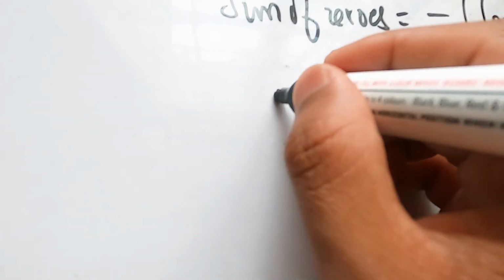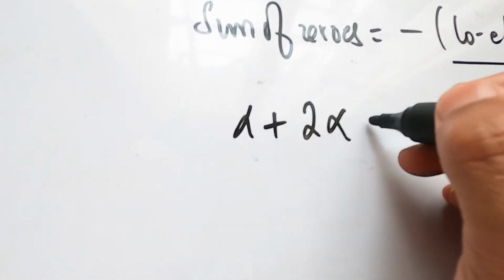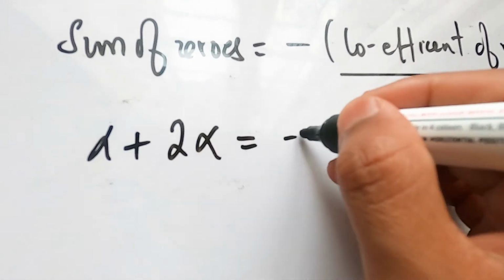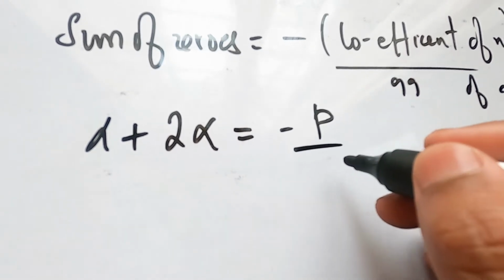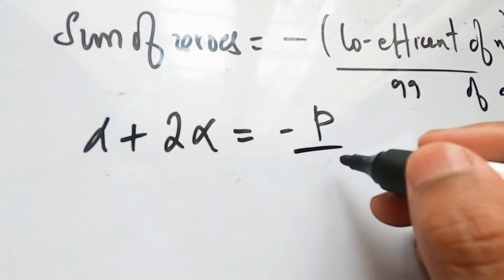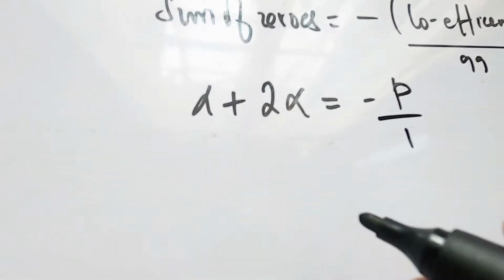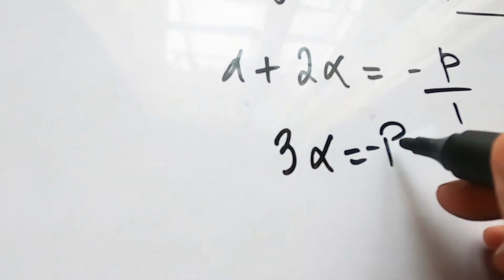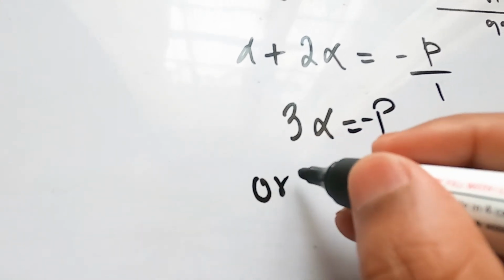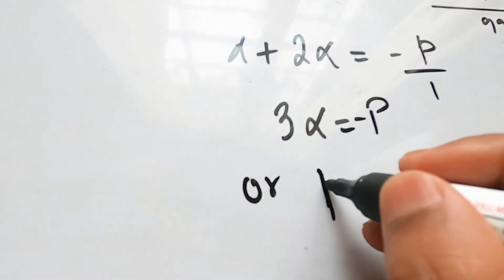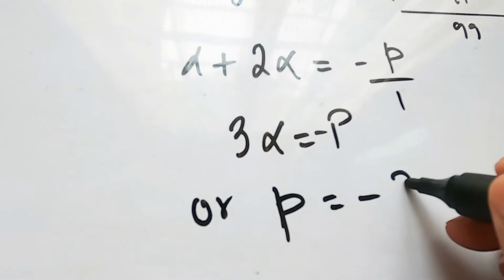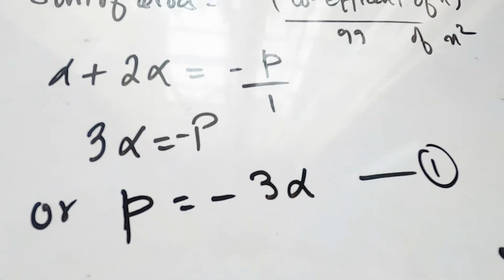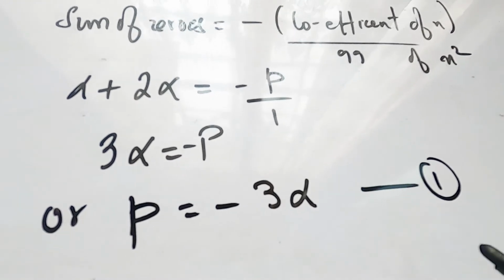So it will be alpha plus 2 alpha is equal to minus p by coefficient of x square, which is 1. So it will be 3 alpha is equal to minus p, or p is equal to minus 3 alpha. All right, so this is equation number 1.